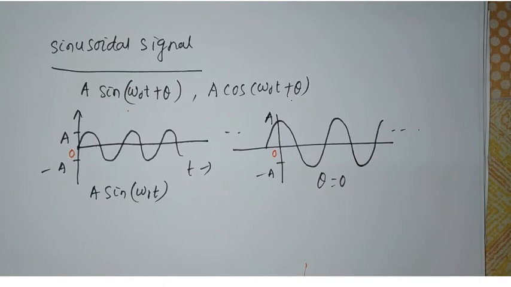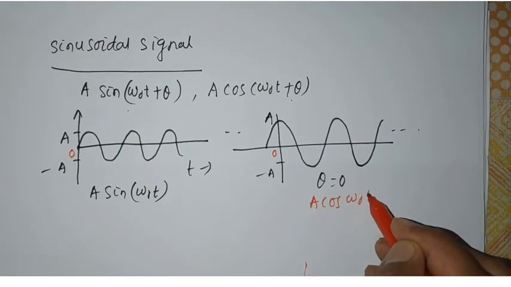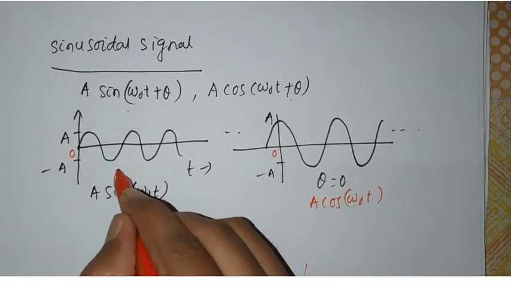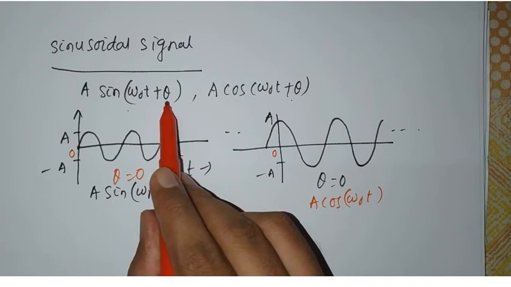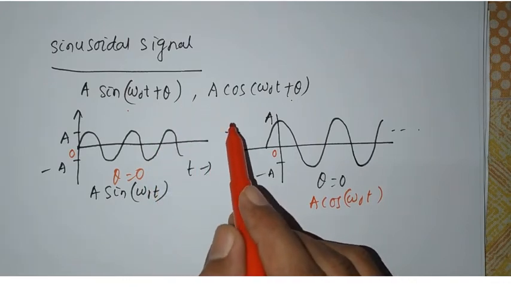Now here, in both cases, this is simply A cos of omega 0 t, and I have taken theta equals 0. If theta is not 0, we will get a phase shift.